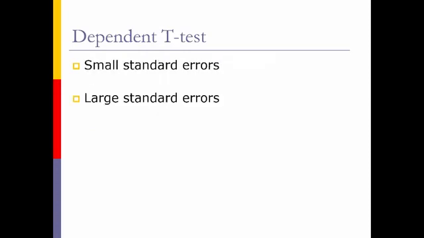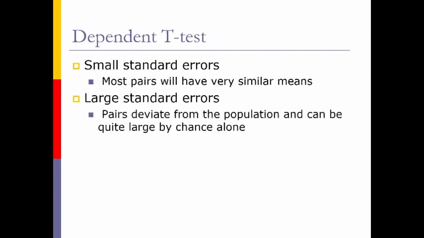If we have small standard errors, that's going to indicate that most of our pairs have pretty similar means, which means we can probably accept our null hypothesis. Large standard errors mean the opposite, that things are different, and we're probably fairly confident that it may be by chance, but it's probably not.